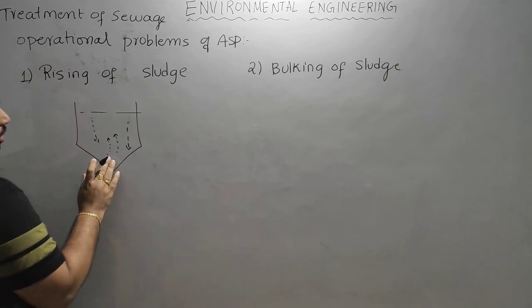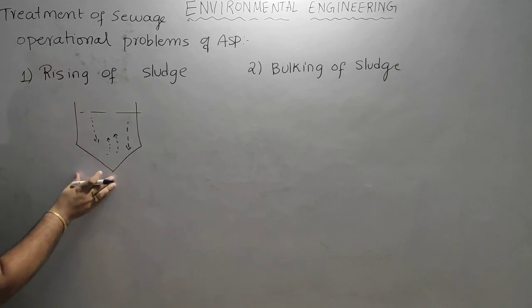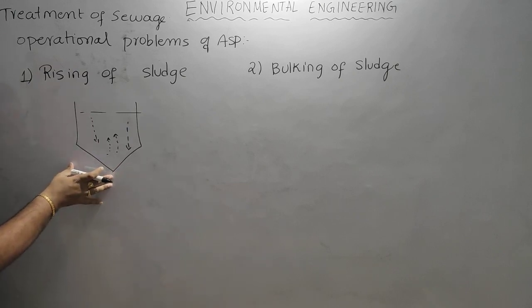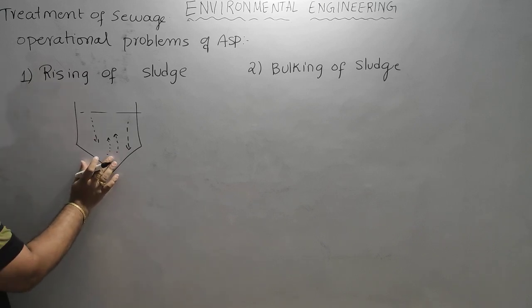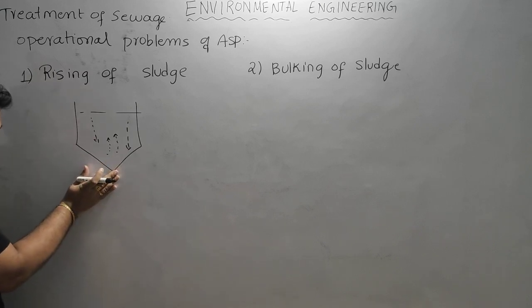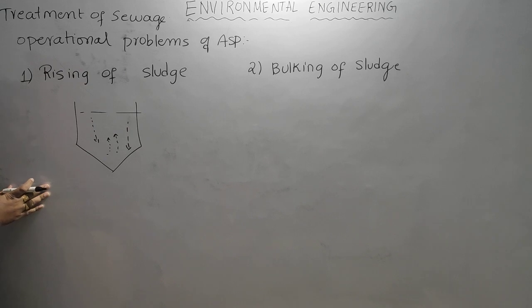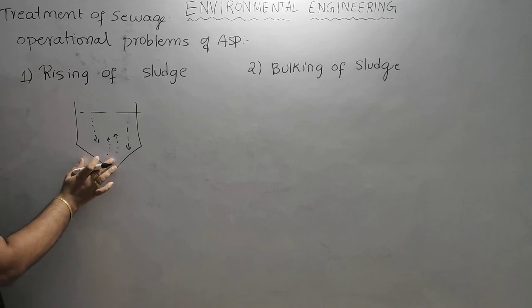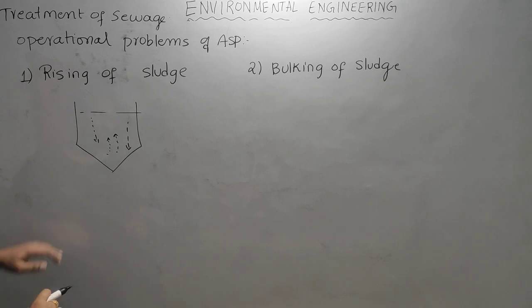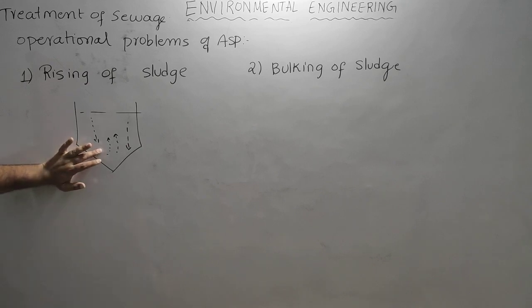So here, if you increase more QR, that means if you are taking more sludge out of the secondary sedimentation tank, less microorganism will be available for nitrogen. Here whatever the organic matter that is present is nitrogenous organic matter.